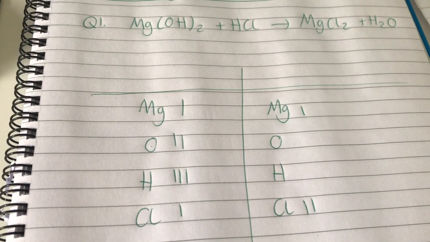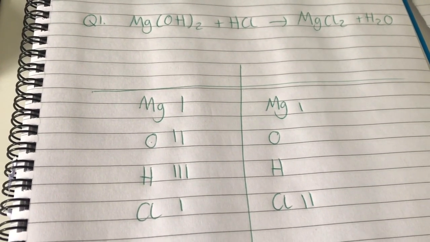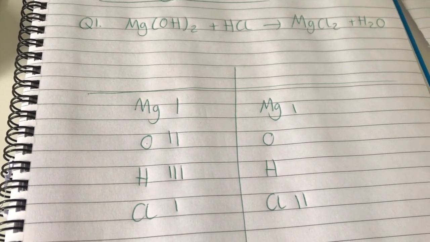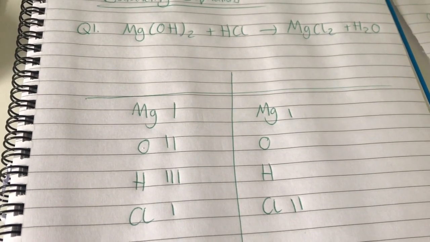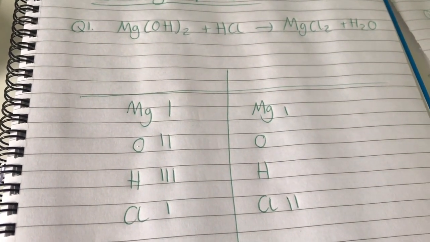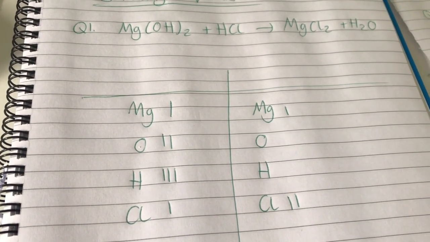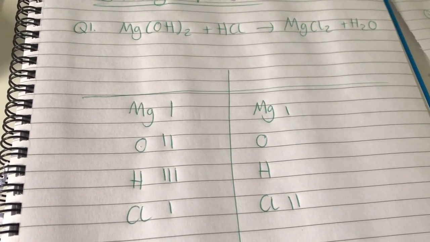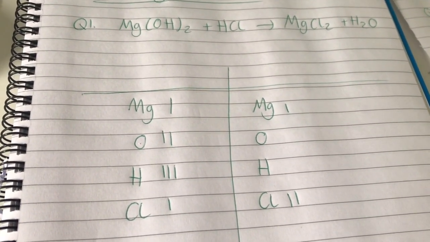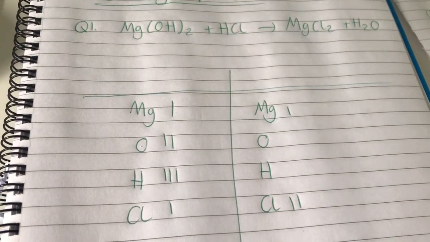If we have a big number, for example, if I had a 4 in front of this HCl, that 4 would correspond to the hydrogen and the chlorine. It's a little bit tricky, these concepts, but just practice. You don't actually have to learn these rules individually. Just by practicing loads and loads of balancing equations, you'll be able to do it easily in no time.